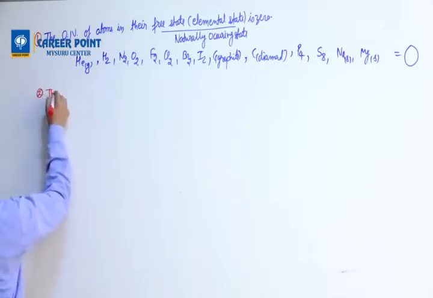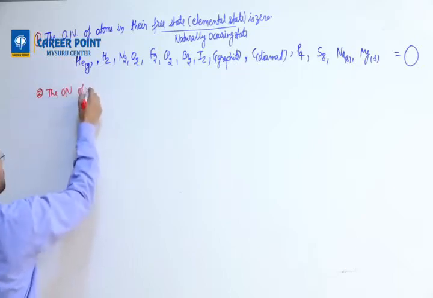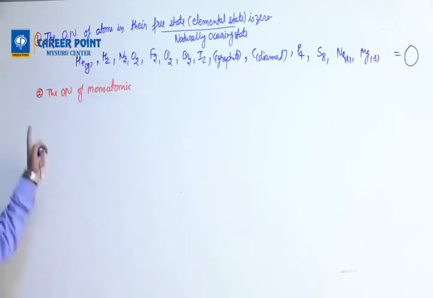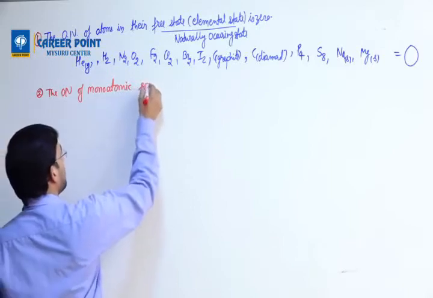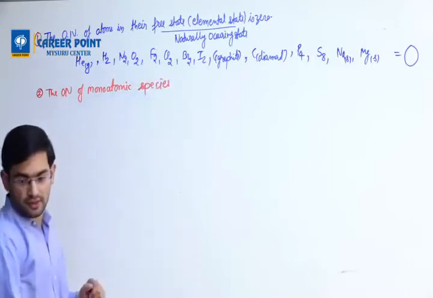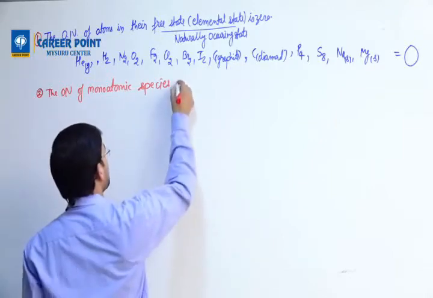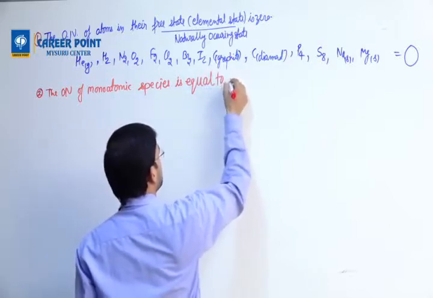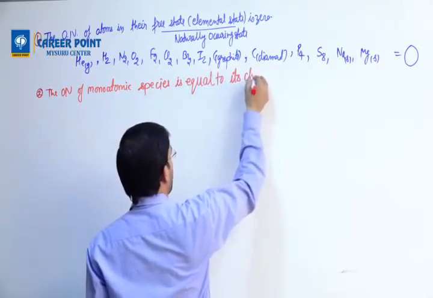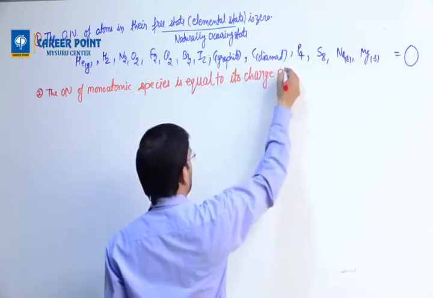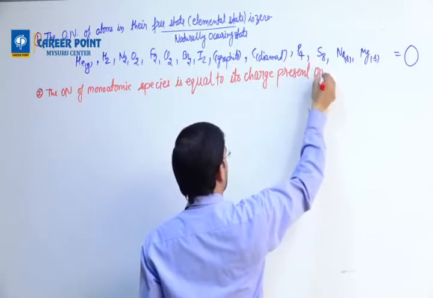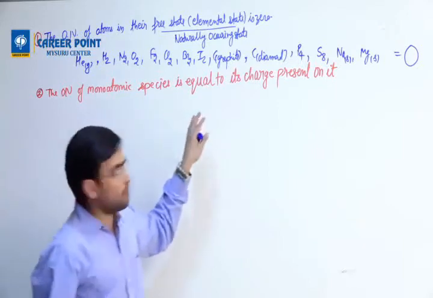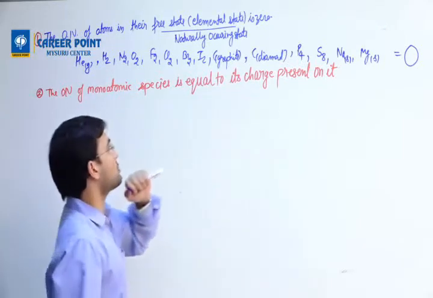The second rule says that the oxidation number of monoatomic species is equal to its charge present on it. It means the oxidation number of monoatomic species is equal to its charge present.